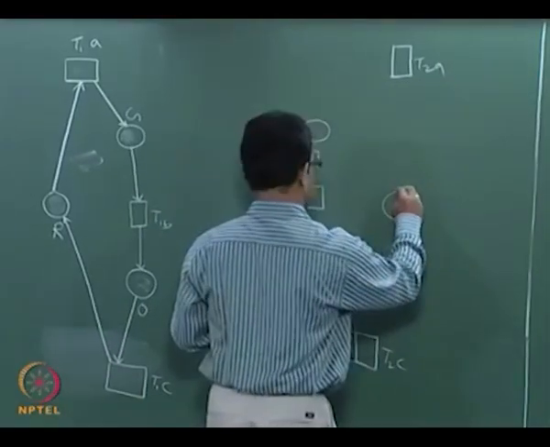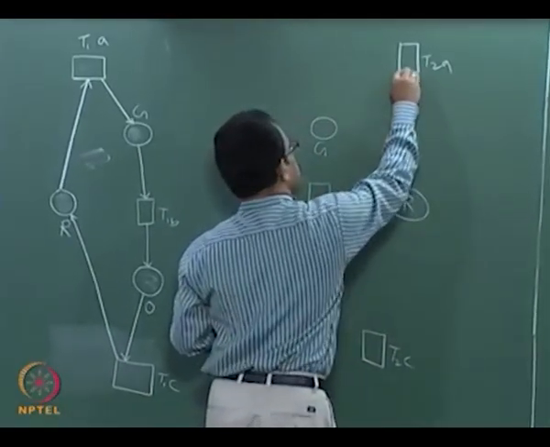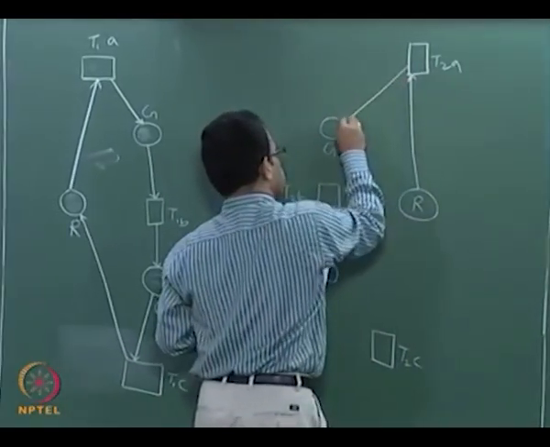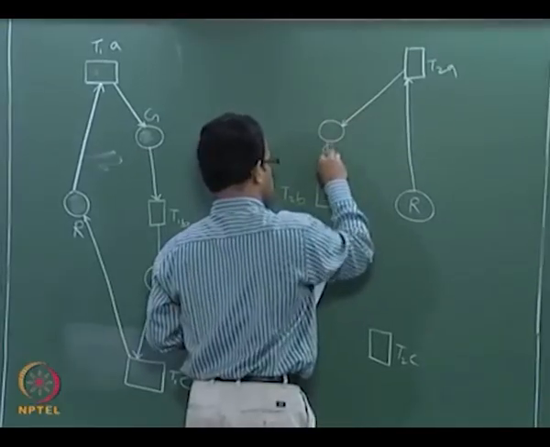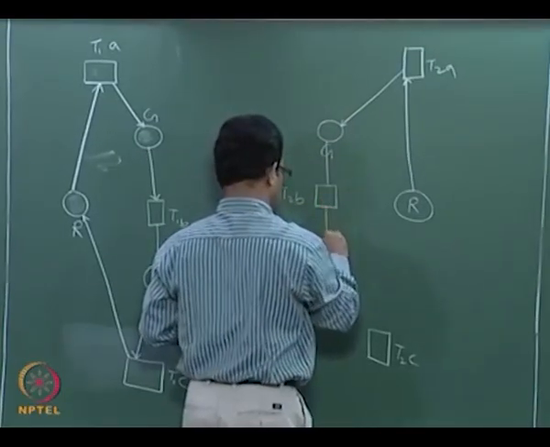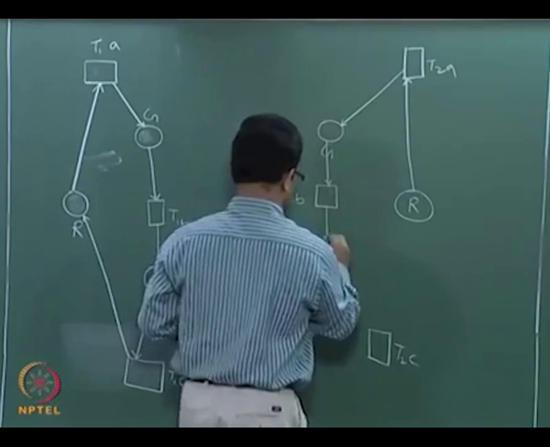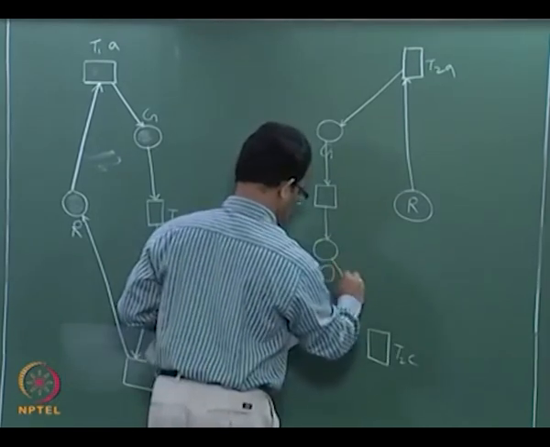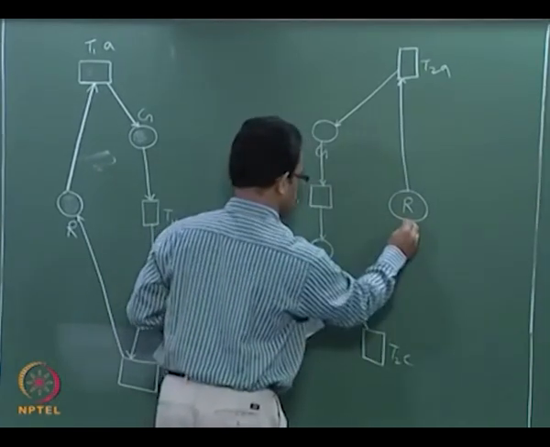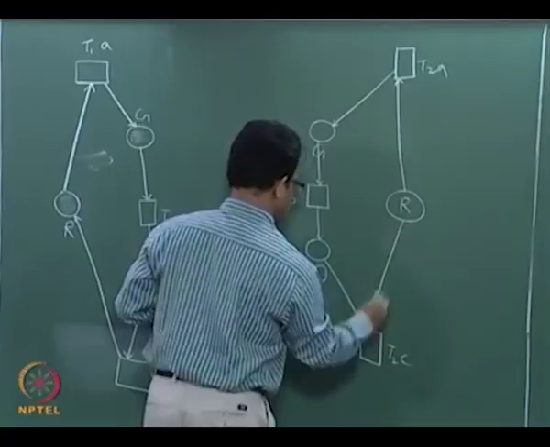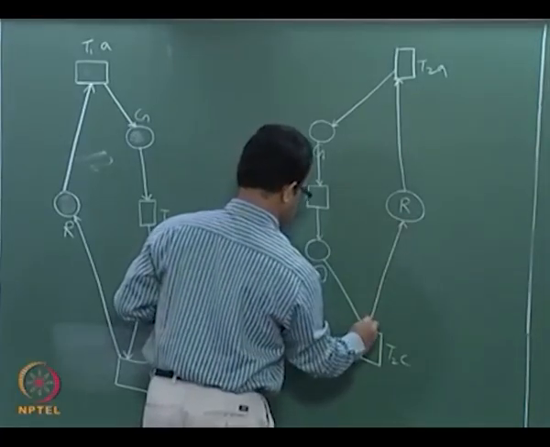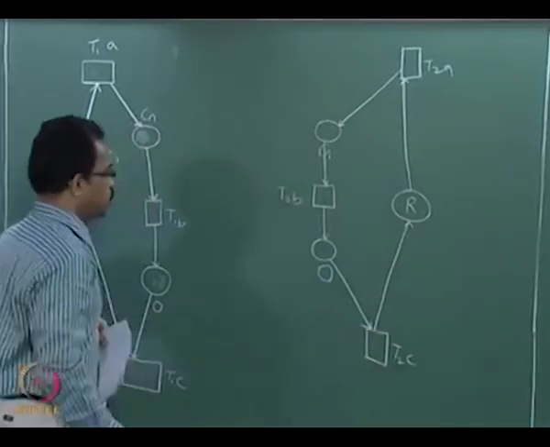So you have this red to green and then green to orange, then the transition from orange to red. So these are two independent signals.